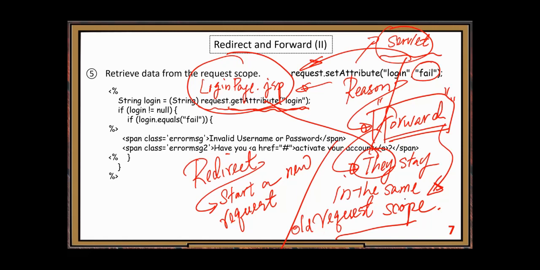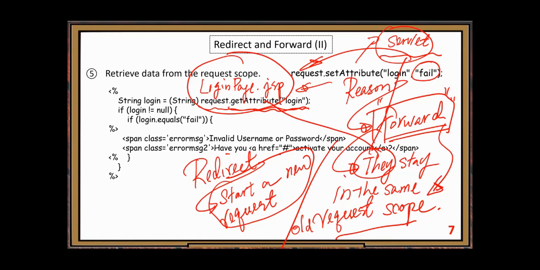When you do redirect, you complete the old request, but you start a new HTTP request. That means the data in the old request is gone. You cannot access it anymore. You start a completely new request object. That's the key difference.